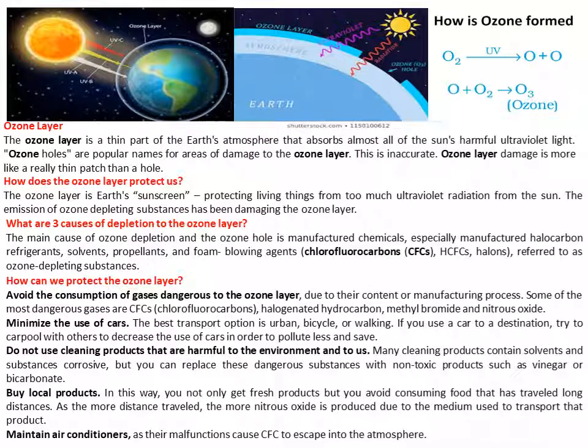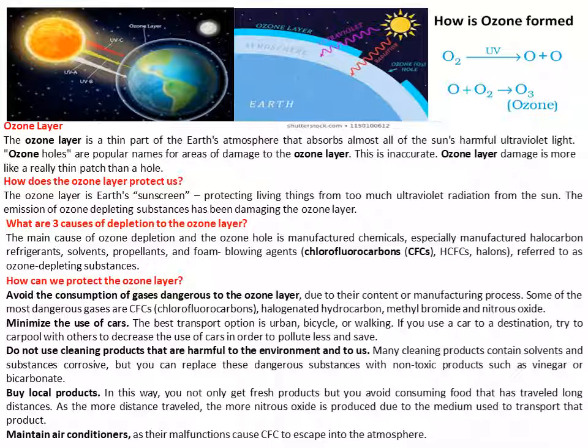Now look at here, there are two pictures of the ozone layer. The ozone layer is a thin part of the Earth's atmosphere that absorbs almost all the sun's harmful ultraviolet light. Ozone holes is a popular name for areas of damage to the ozone layer. This is inaccurate.